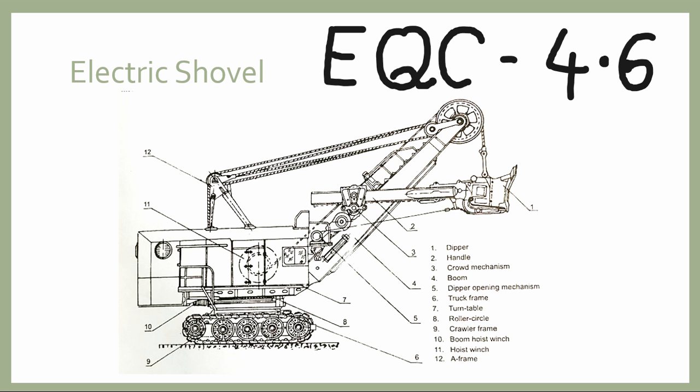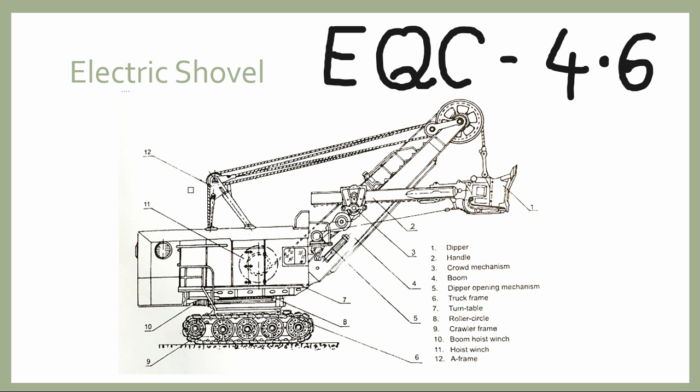Number 6 is the truck frame. Number 7 is the turntable. Number 8 is the roller circle. Number 9 is the crawler frame. Number 10 is the boom hoist winch. Number 11 is the hoist winch, and number 12 is the A frame.